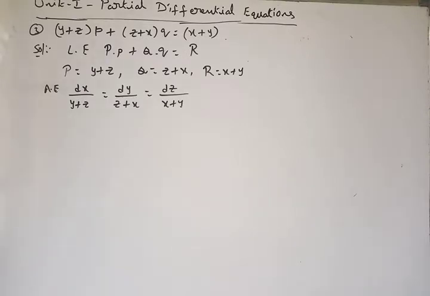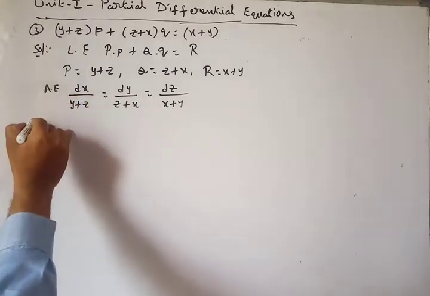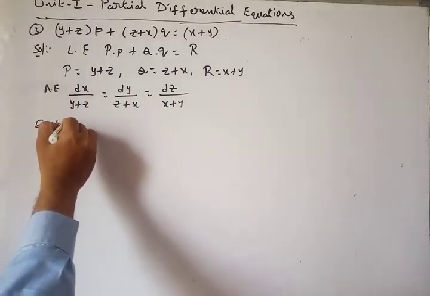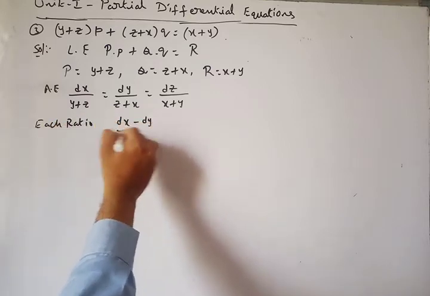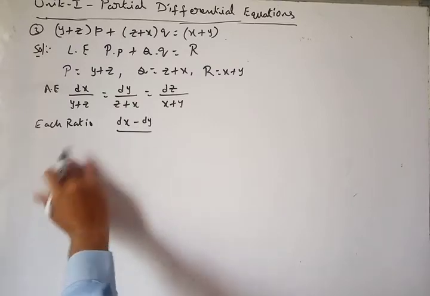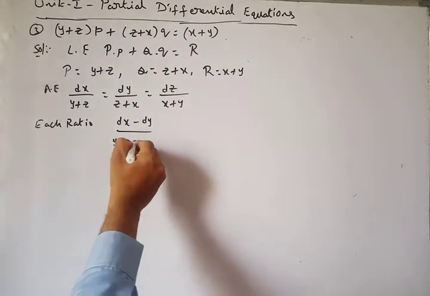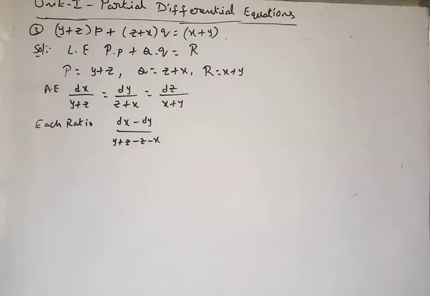Now how to solve these auxiliary equations? This is a little bit big problem. See here, all our plus terms are there. First, for each ratio, how am I writing? dx minus dy. So I am taking these two: y plus z minus x, minus z minus x.